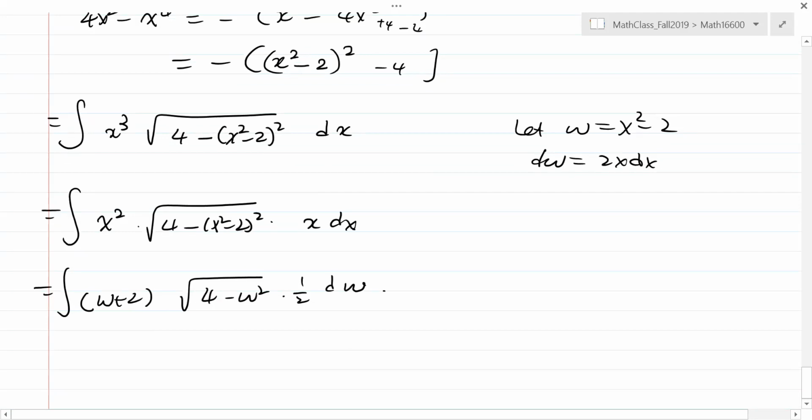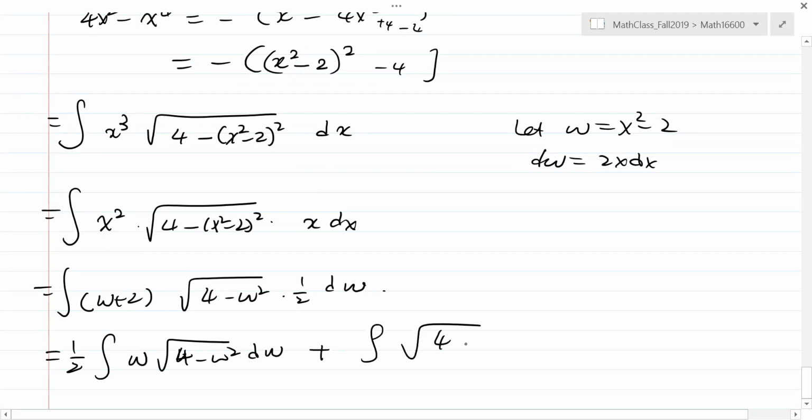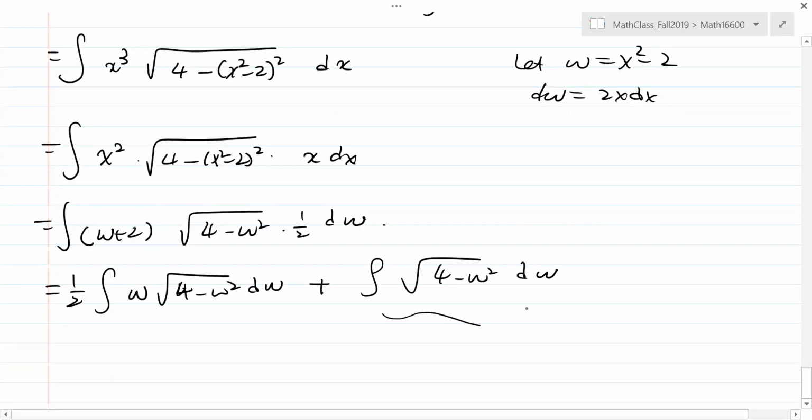We end up with two integrals. The first integral is this. The second integral is just the integral of the square root of 4 minus w squared dw. This is a typical integral. You can use a trigonometric substitution. The first one uses a standard substitution.